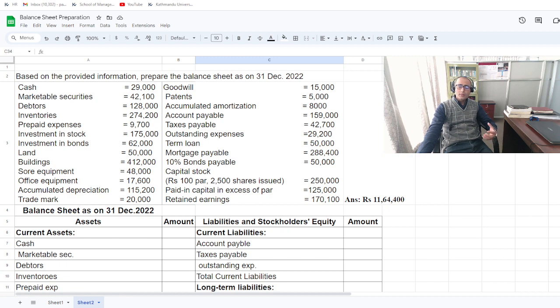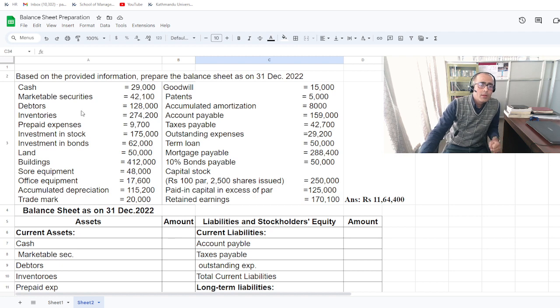Now in this background, today let's discuss how, based on the available given information, we could prepare the balance sheet. Today's video will be helpful to undergraduate level students like BBA, BBS, BCom and others. It could be applicable to the MBA level also. It could be foundation level.